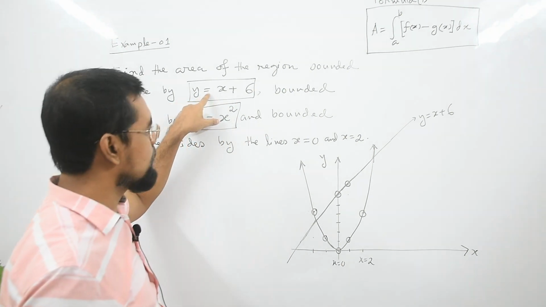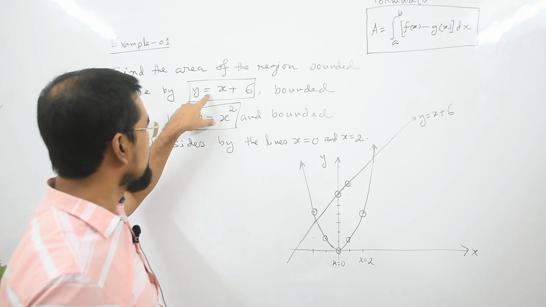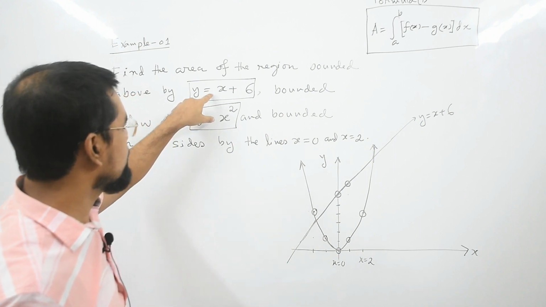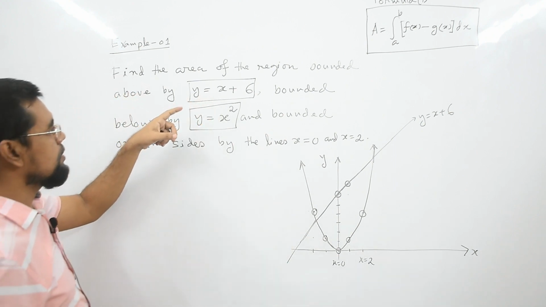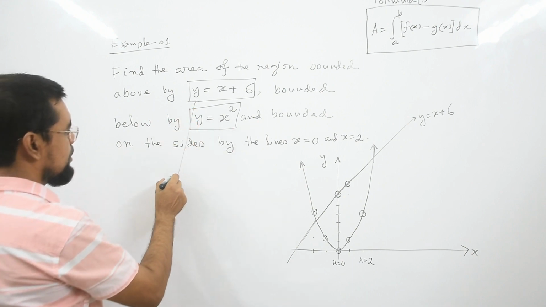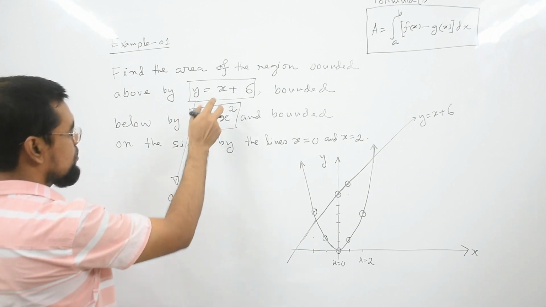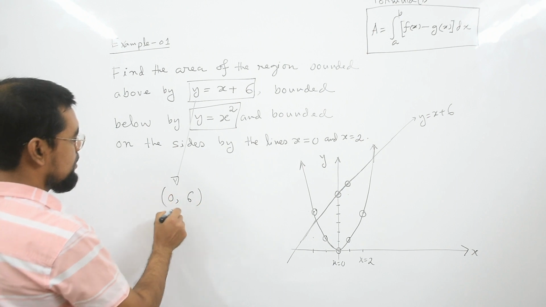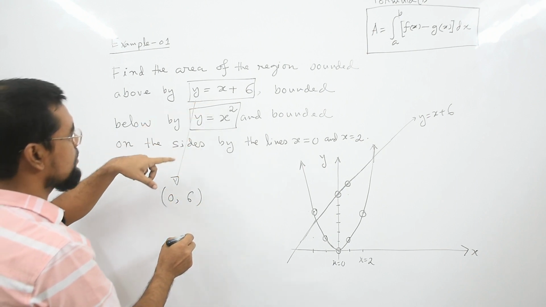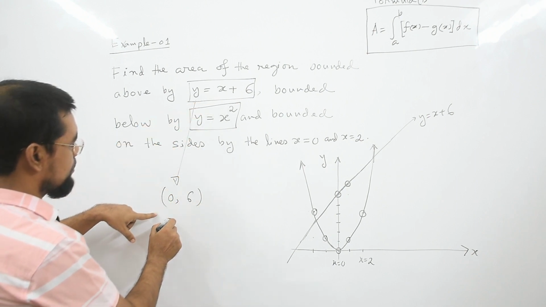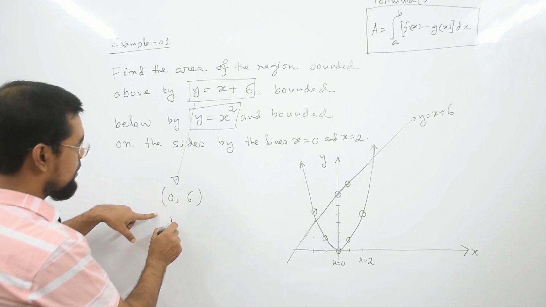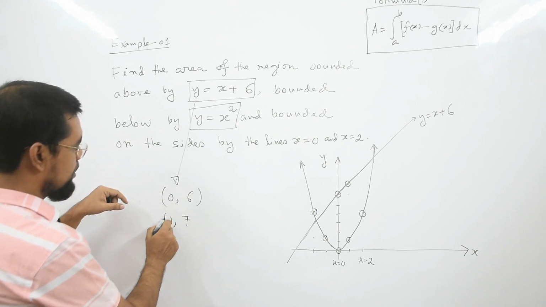You can easily draw this line by considering any two points. For example, when x equal to 0, y equal to 6 is a point, and another point, let's say when x equal to 1, y equal to 7.